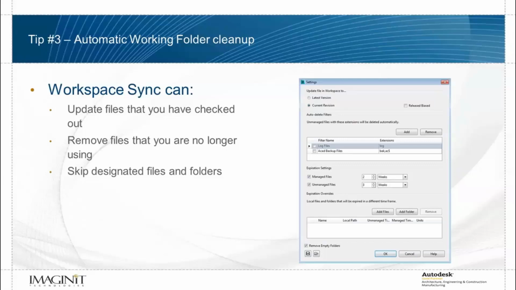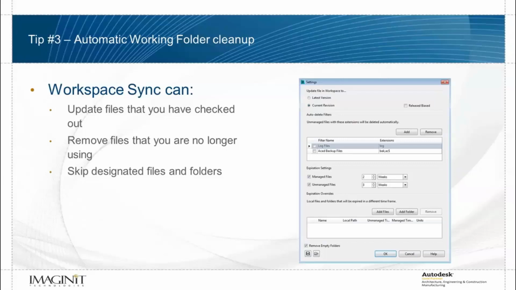If there are files I'm not using anymore, it can remove those. And it can skip designated files and folders. So I could say, never delete anything from this particular folder. Do not touch it. So I'm going to walk through Workspace Sync. Again, if you've got Vault Workgroup or Vault Professional, this tool is there, has been all along. It's just one that gets overlooked a lot of times.